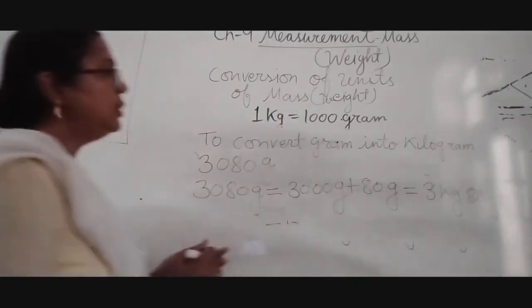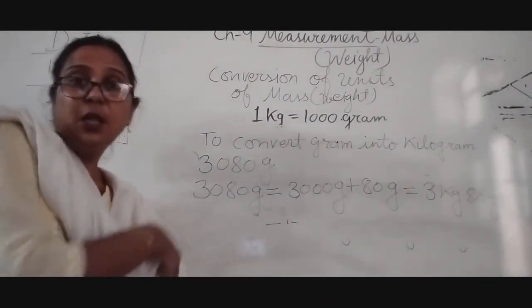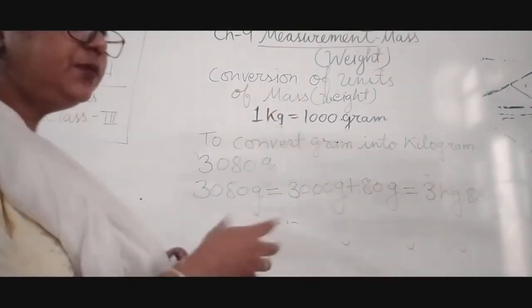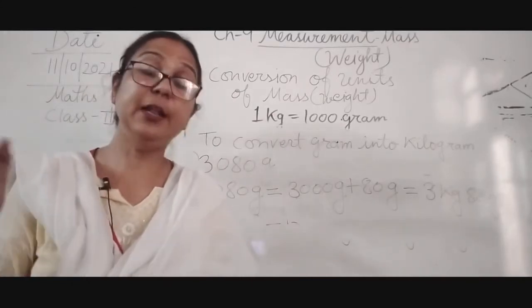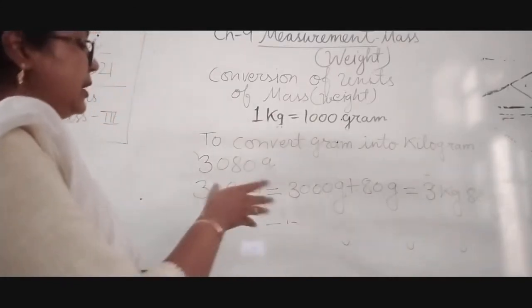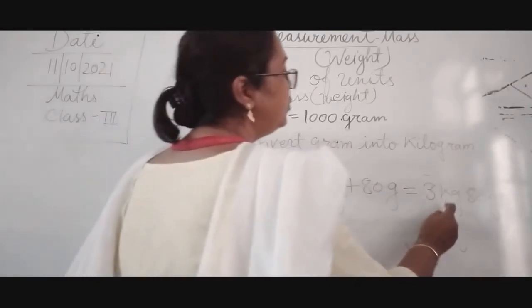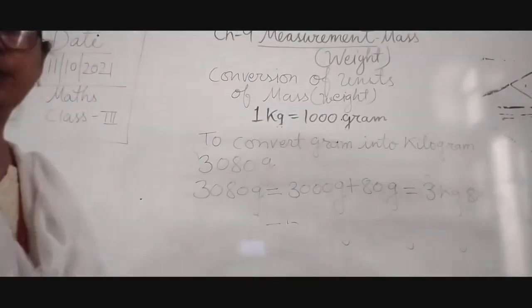So here children, to convert grams into kilograms and grams, we only separate this. We arrange in the ones, tens, hundreds and thousands digits. So we will get 3000 plus 80 grams equal to 3 kg and 80 grams. So we will do likewise.